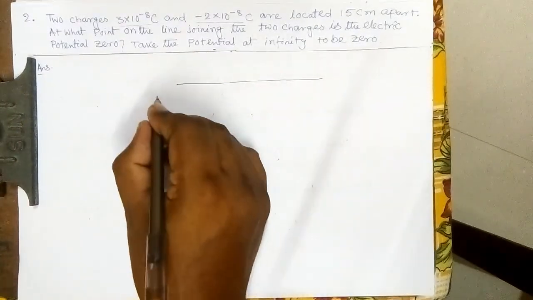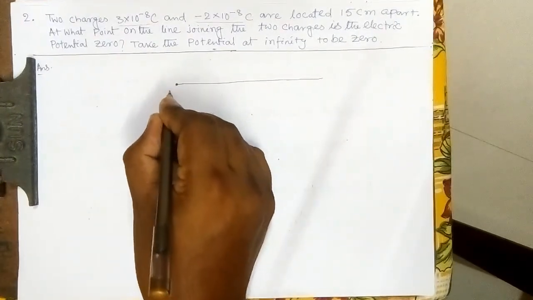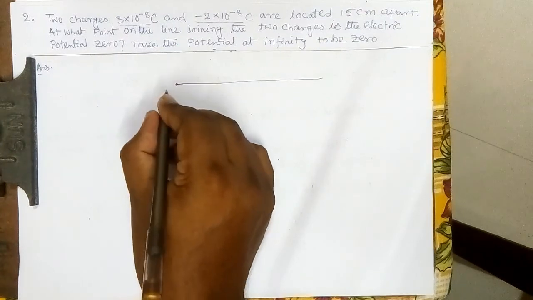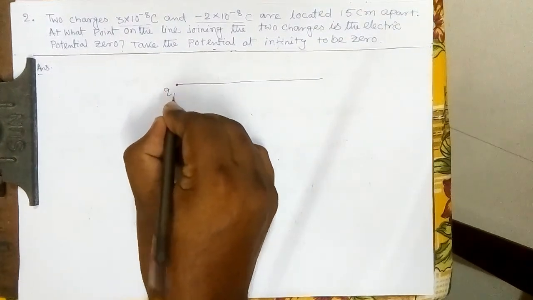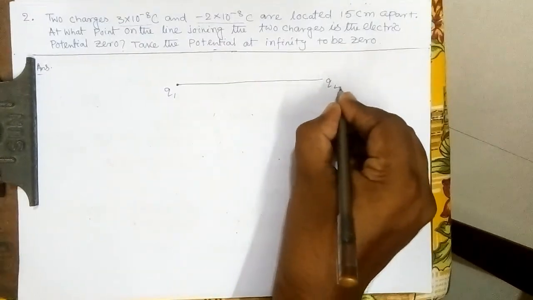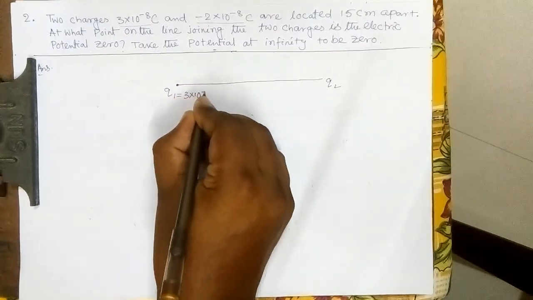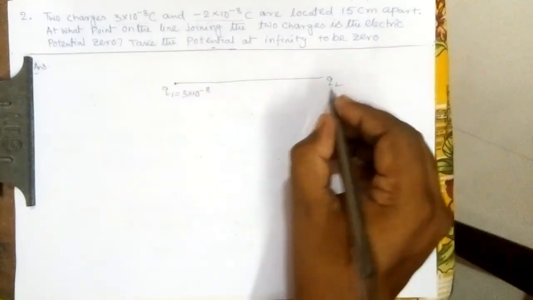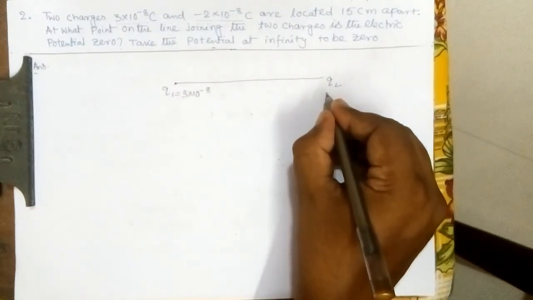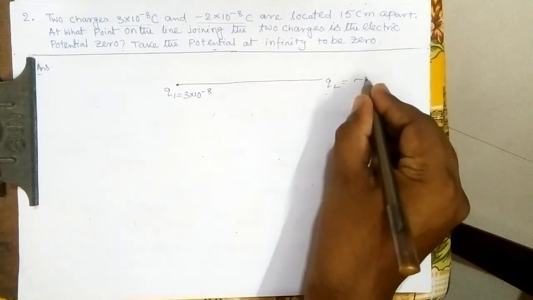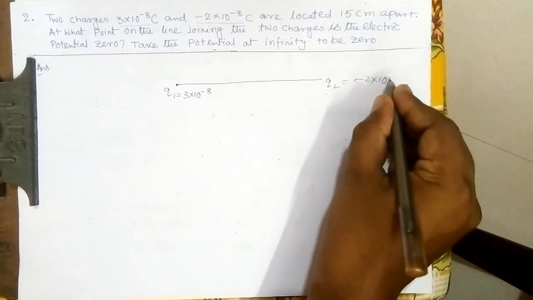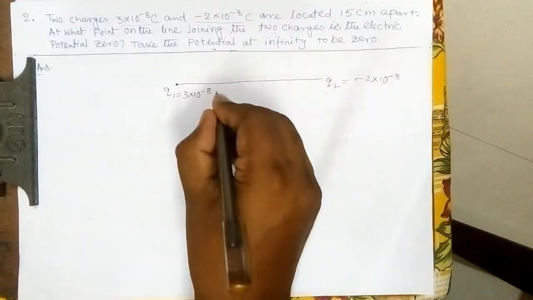That will be easier for us. Assume the first charge is q1 and this is q2. q1 equals 3 into 10 to the power minus 8, q2 equals minus 2 into 10 to the power minus 8 coulomb.